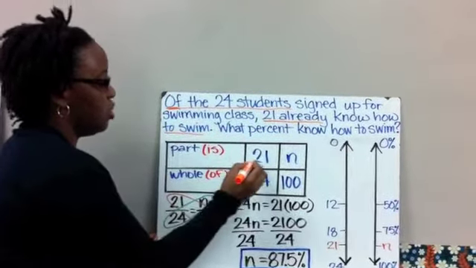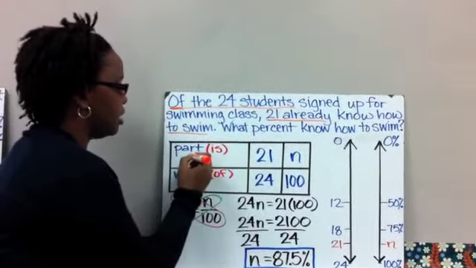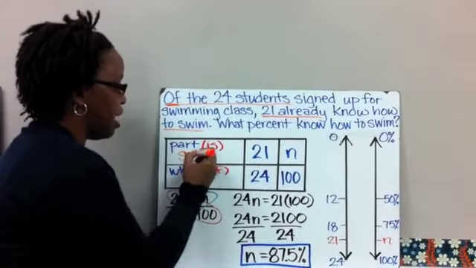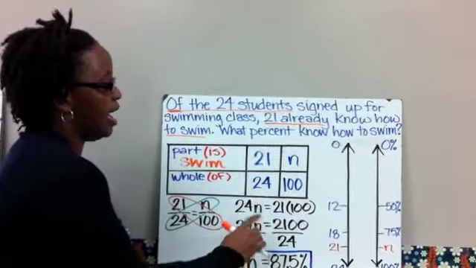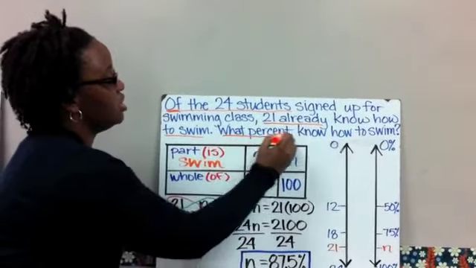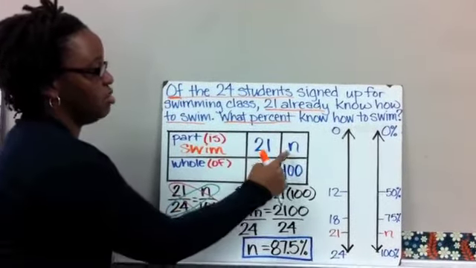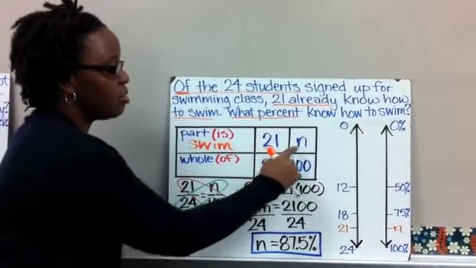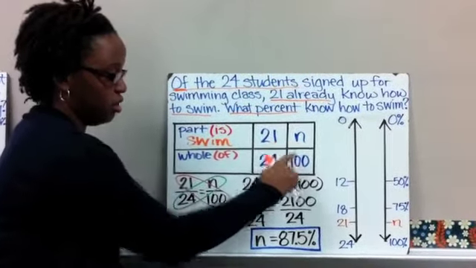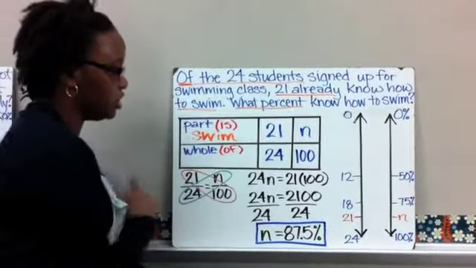And so when I'm looking at this part, I'm looking at the people who know how to swim. And I want to know what percent know how to swim. And so there's my variable. I know how many know how to swim. I want to know what percent know how to swim. So our proportion's already set up.